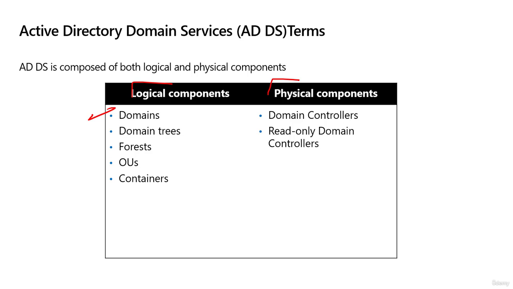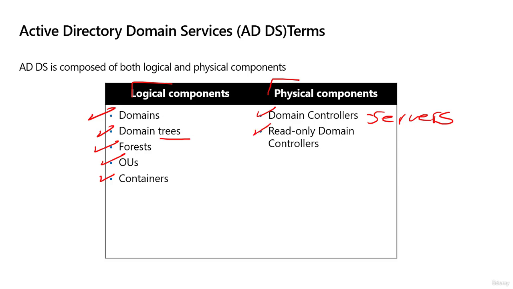So logical and physical. The logical side, the first term we have is domains. Then we have domain trees, which is often just called trees. We have Active Directory forests. We have organizational units, which is always just called OUs. We have these containers. We also have domain controllers, which are just physical servers in the environment that have this Active Directory domain services actually installed.